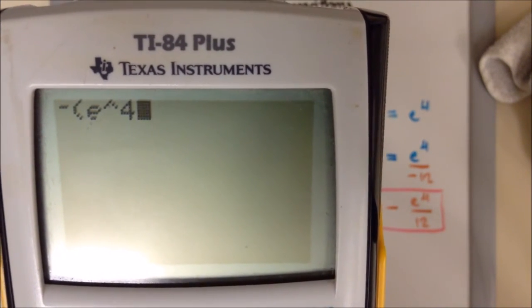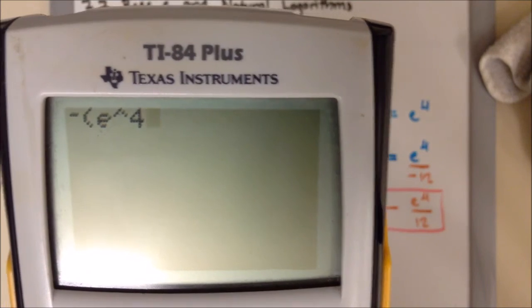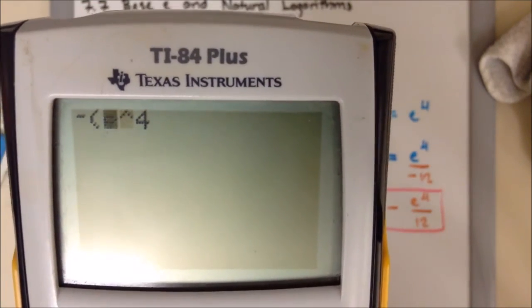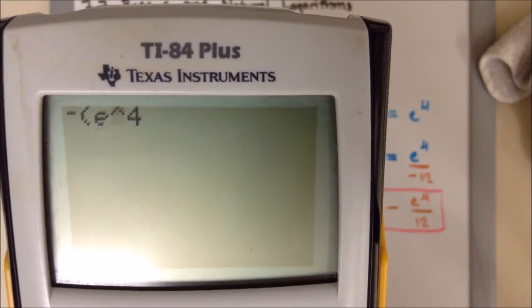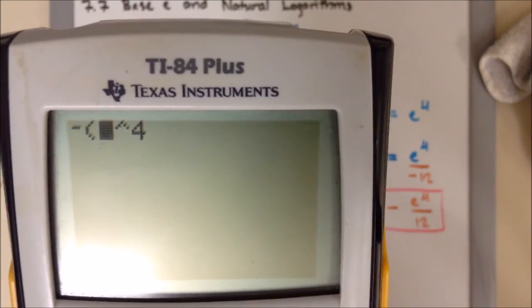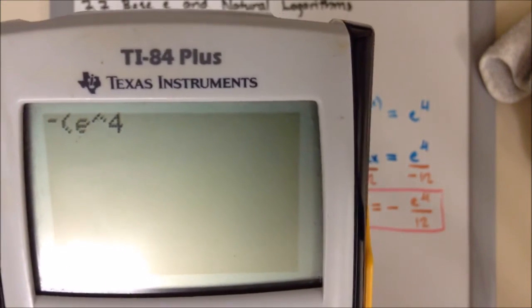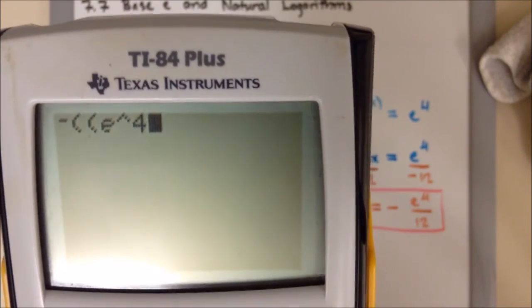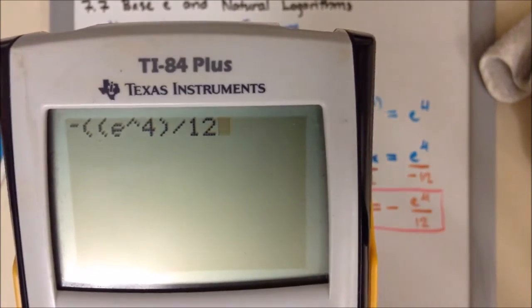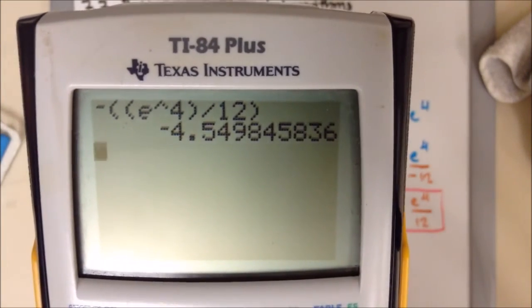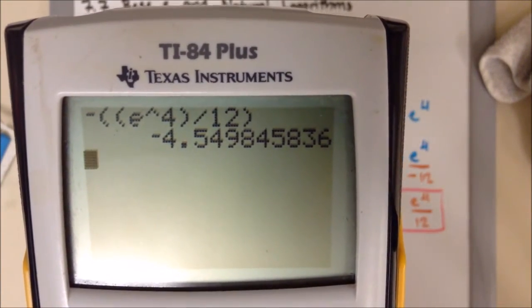Now since we have a 4 as an exponent, I'm actually going to include another set of parentheses. So I'm going to include a parenthesis on the e, and then close parenthesis, divided by 12, hit enter. So I got negative 4.5498.